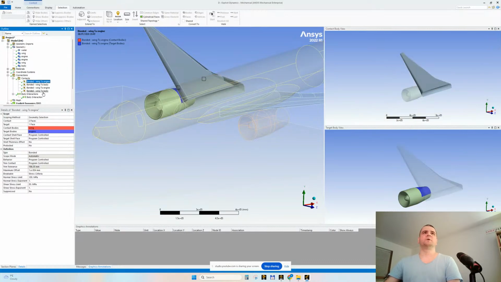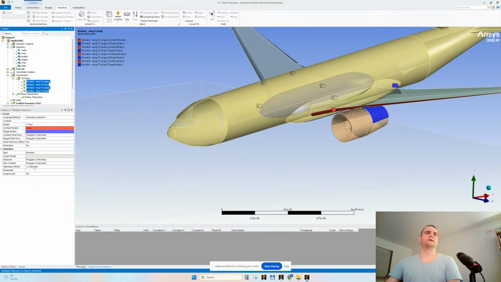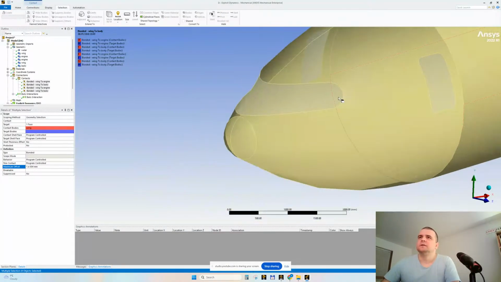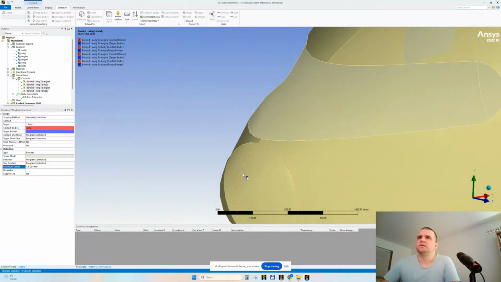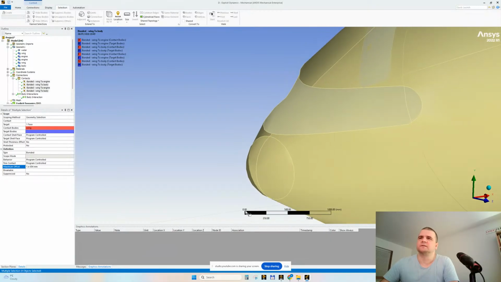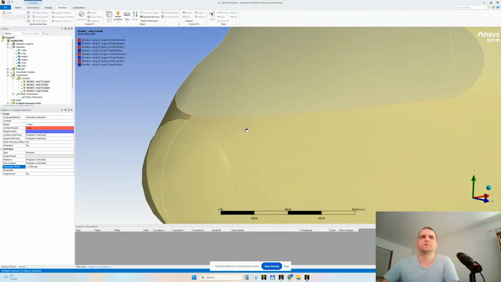This means we will need to define like a pinball radius that exists in the static and transient structure simulations. And here we will be pretty generous with the offset or pinball radius, let's say, I don't know, 200 millimeter.